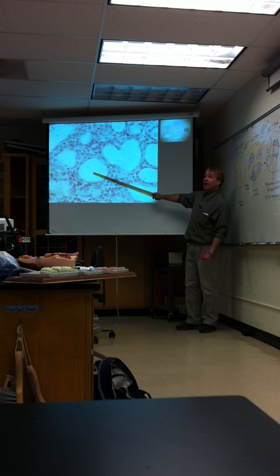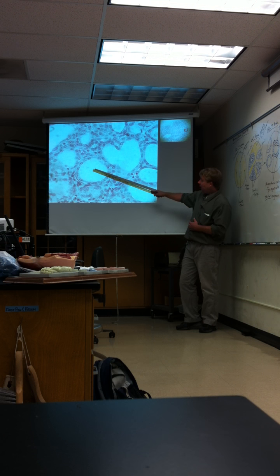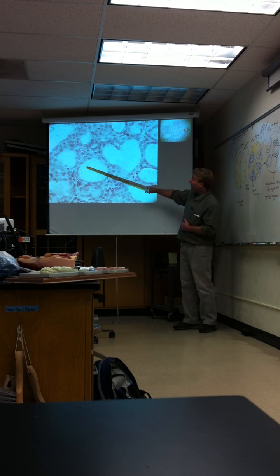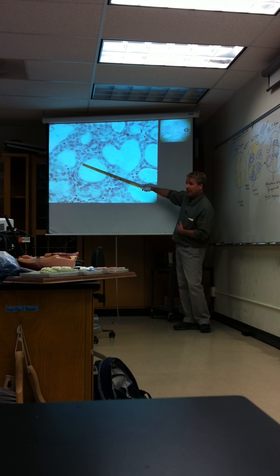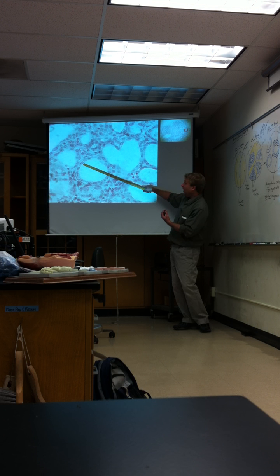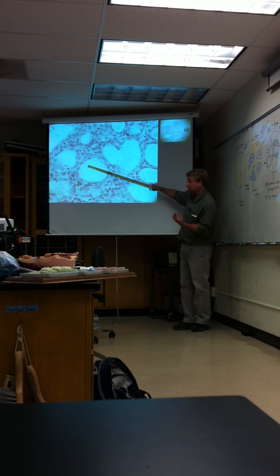Identify the specific spherical structure at the tip of the pointer. The spherical structure is an alveolus. And the alveolus is made up of two cells. Identify the cells lining the lumen at the tip of the pointer. Secretory cells. They are stimulated by what hormone? Prolactin, good, and they are functioning to secrete and produce the milk.